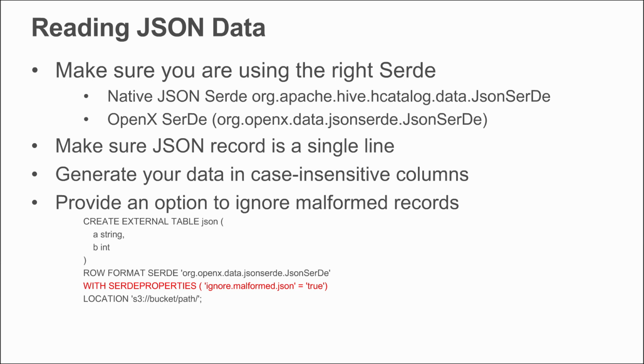Also, if you use the OpenX SerDe, you have an option to ignore malformed records. In the example in red, the SerDe properties say ignore malformed JSON is true. If you enable that, it will be useful in case you have malformed JSON that is not allowing you to read the data correctly.